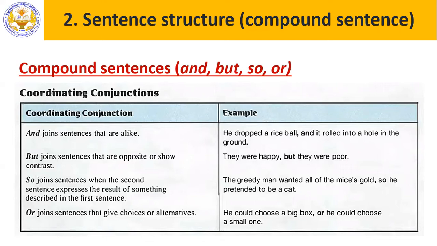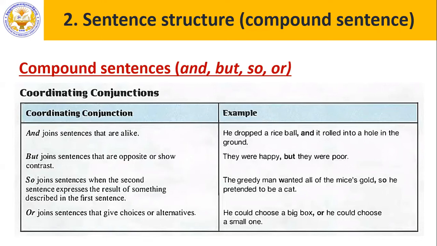Again, we use and to join 2 sentences that have a similar idea or the same idea. But joins sentences that are opposite or show contrast. We use the coordinating conjunction but to join 2 sentences that have a different idea or a contrasting idea. They were happy, but they were poor. You see?